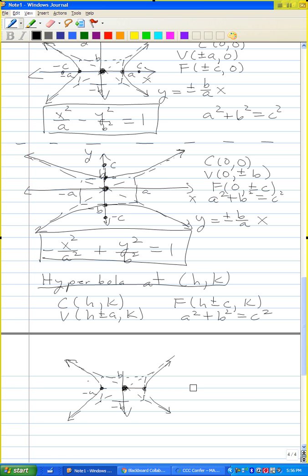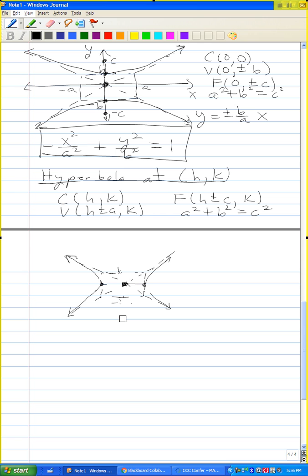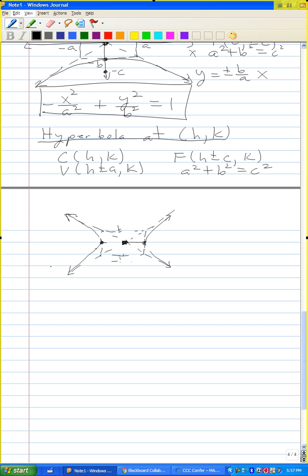Okay, good. So now what I can do is get rid of this so it doesn't look like there are axes there. Let's say this is x, y, and this is (h, k).